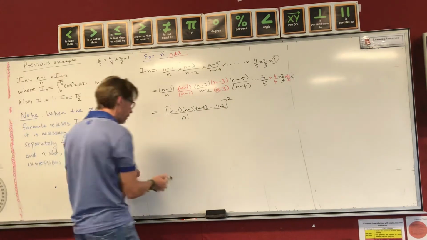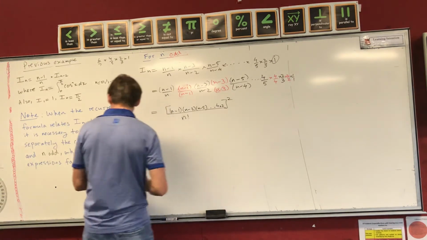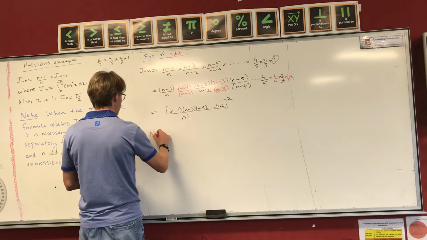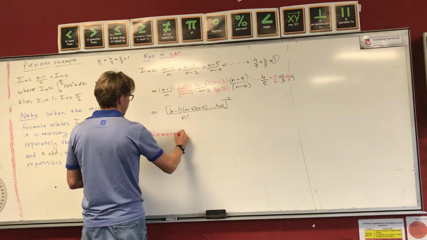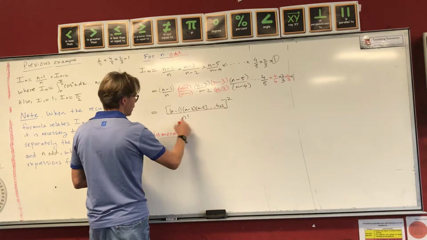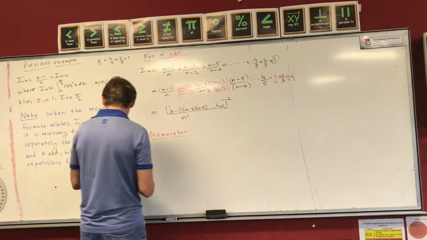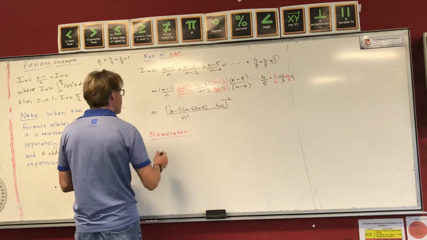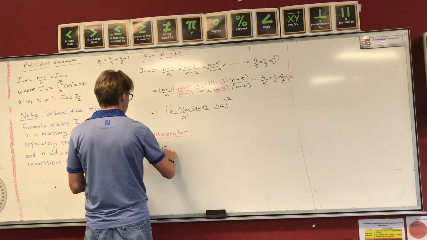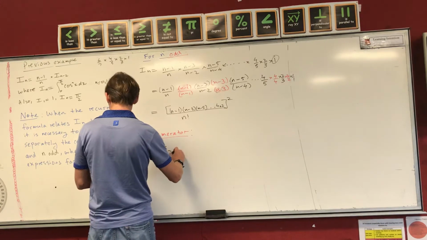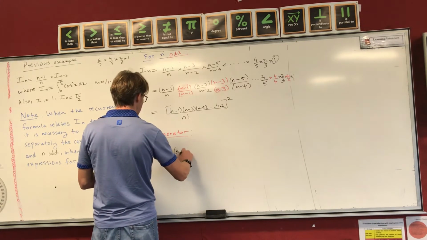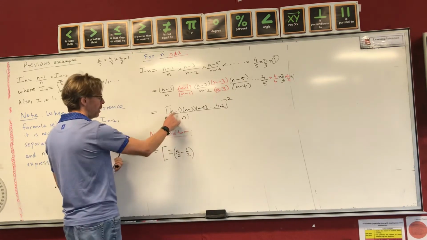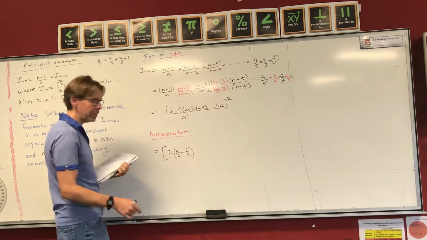Let's look at the numerator. Because we're quite happy with the denominator there, let's have a look at the numerator. Now we're going to take out, so square brackets, 2, bracket, n on 2 minus a half. So n minus 1 is 2 brackets, I'm taking out 2 as a common factor.